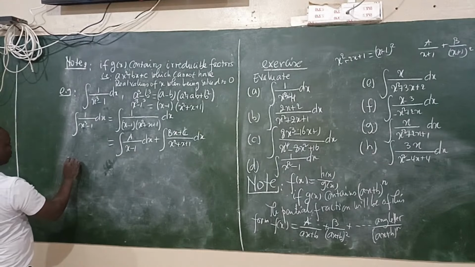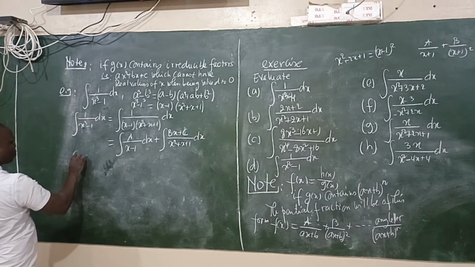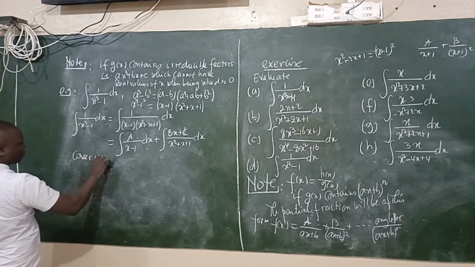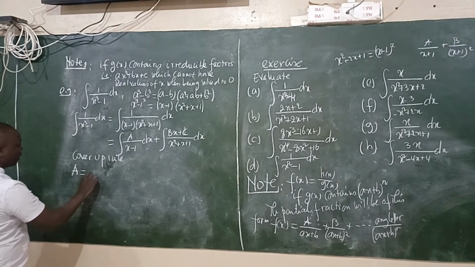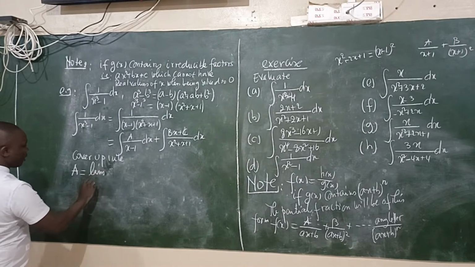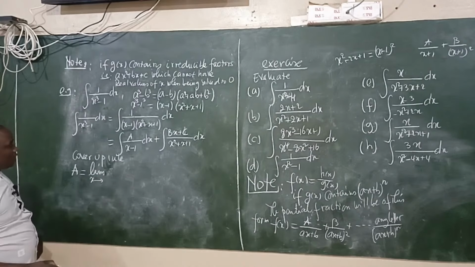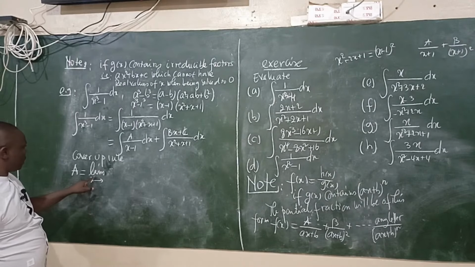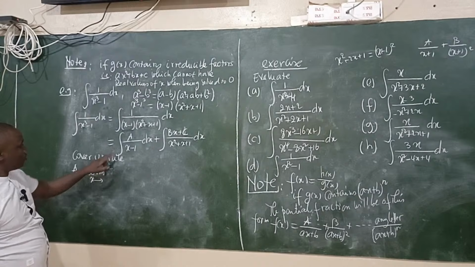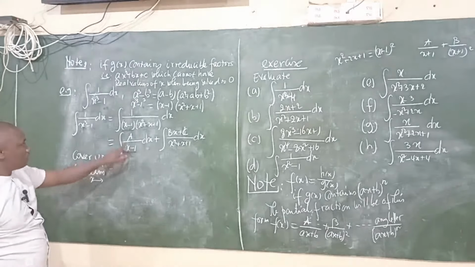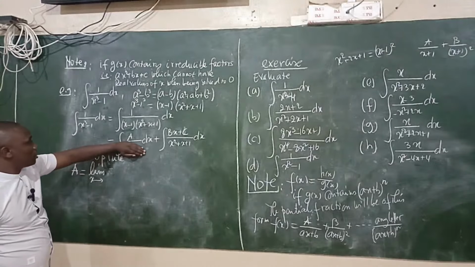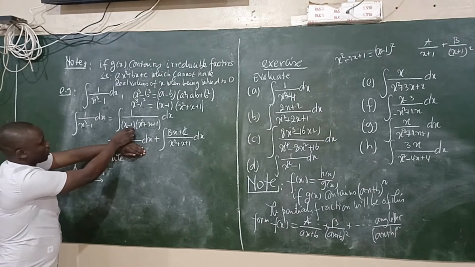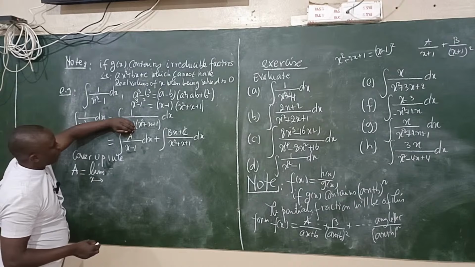I told you that to find a, we can use the cover-up rule. The cover-up rule is applied as taking the limit as x approaches. Before finding the limit, because the denominator of a is x minus 1, we need to hide this in this expression.